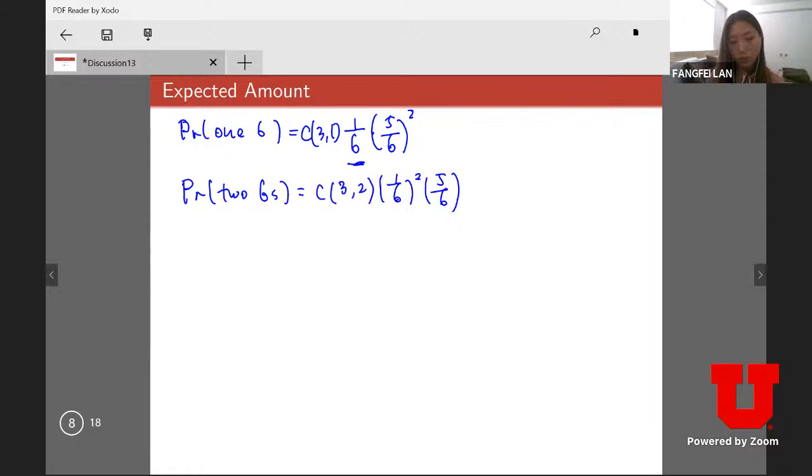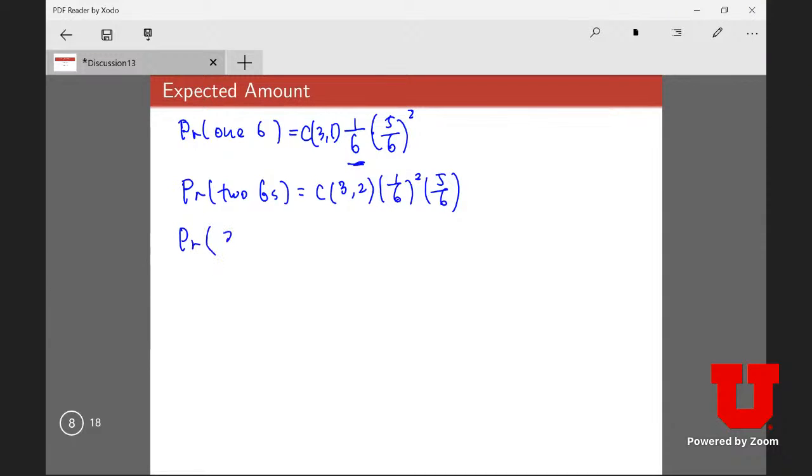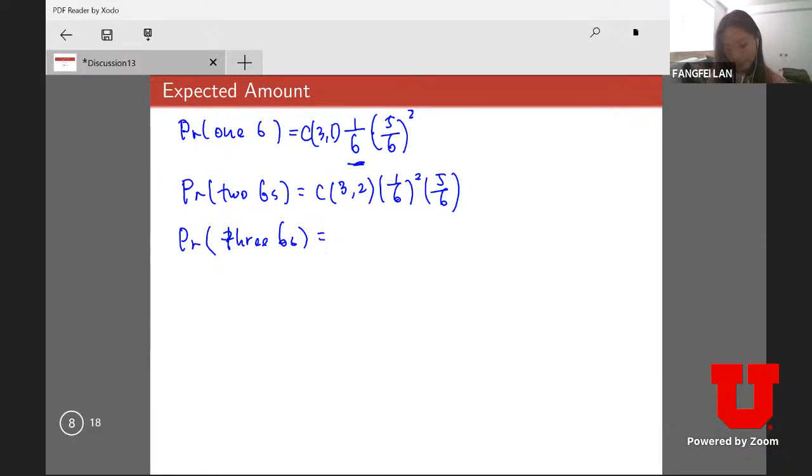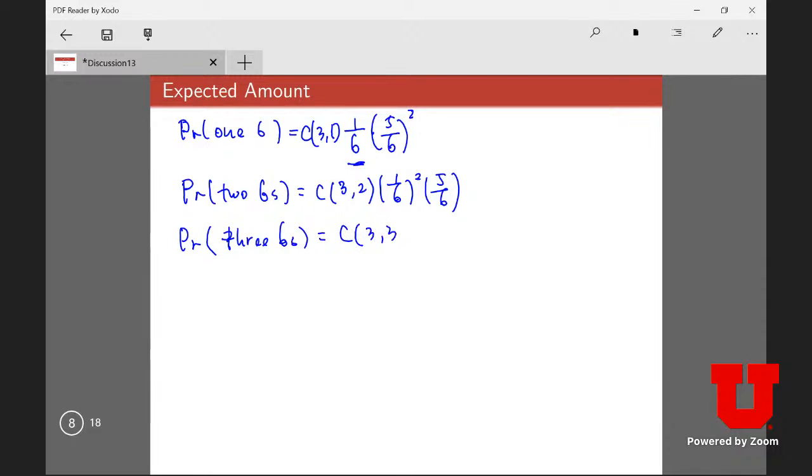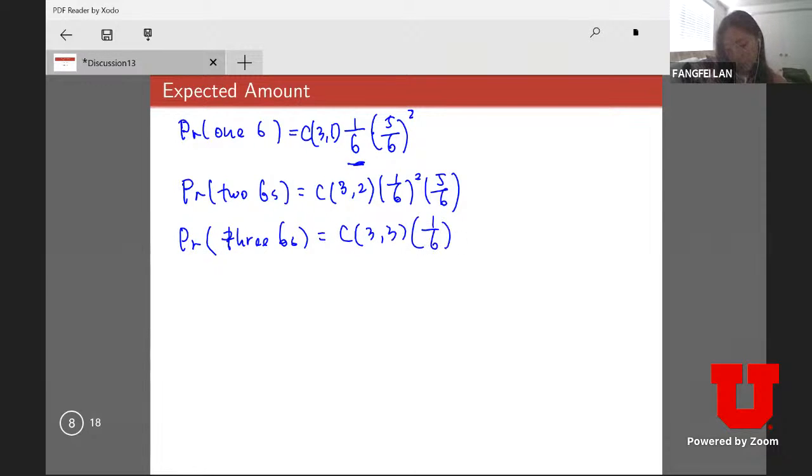You're going to get two 6s and then one something that's not a 6. And then three 6s is what? Choose 3 from 3 times 1/6 cubed. And there's only one way of doing this. So now we just add them together.